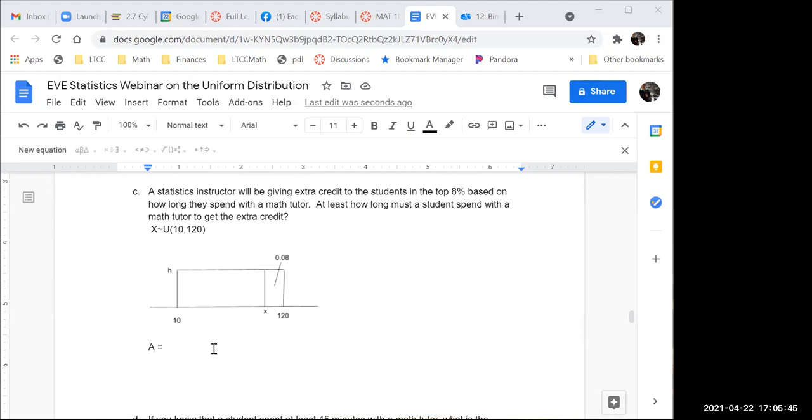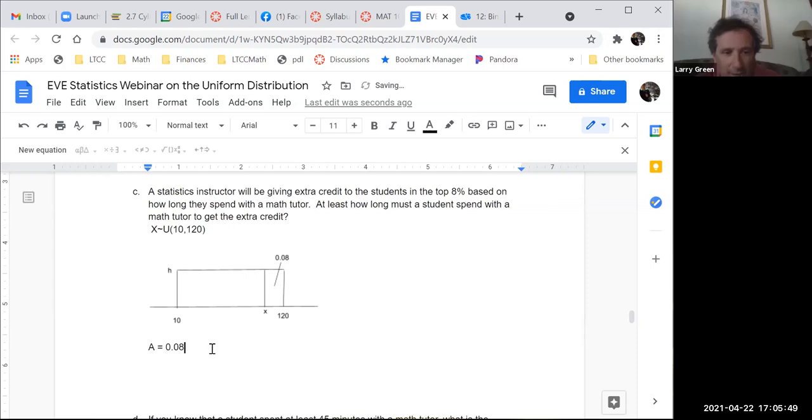0.08. That's probably what you meant, right? And the area of a rectangle is base times the height. Always good to write that down. The base now, again, is the left minus the right.